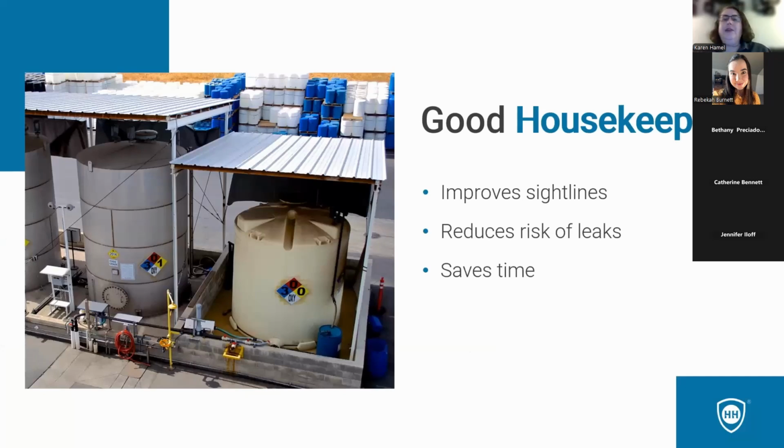And finally, the final area is good housekeeping. And good housekeeping is something that we often overlook, but it's a solution to so many problems that we have within our facilities. I've spoken with a lot of regulatory inspectors, and I've been told time and time again that if your house is in order, if you've got a good housekeeping program, if your facility looks neat and clean, your inspection is going to go a lot better.